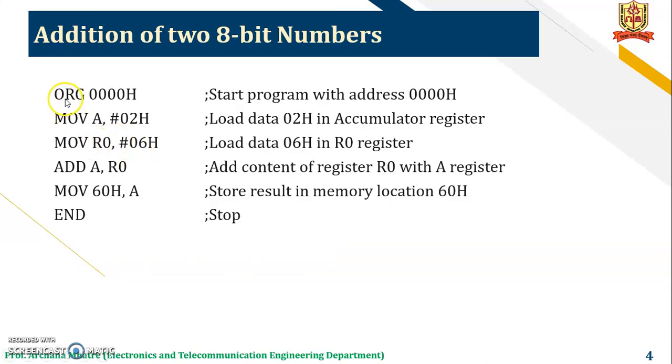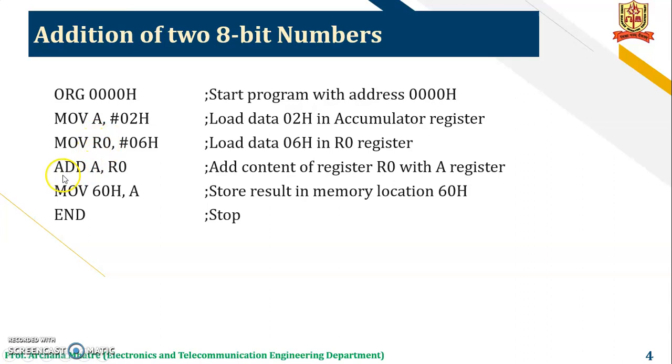First start the program with the instruction ORG 0000H, that means initialize the program from this memory location. Then MOV A, #02H, that means load the constant number 02H into the accumulator register. Then move the second number into the R0 register.